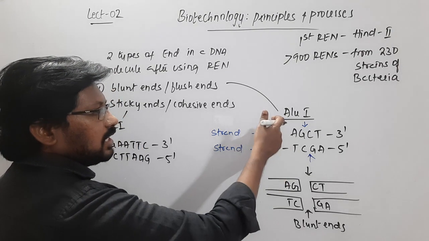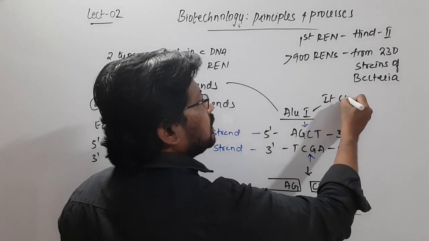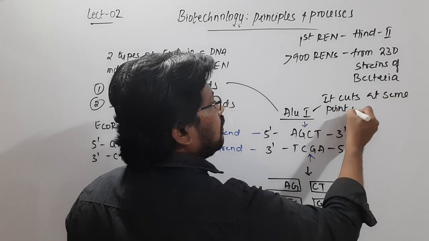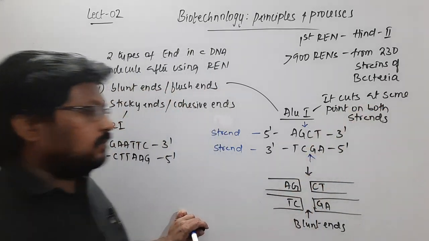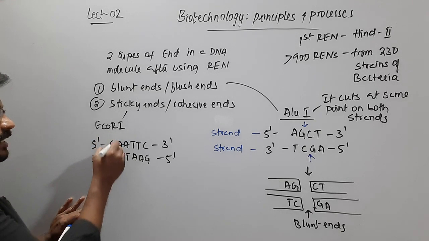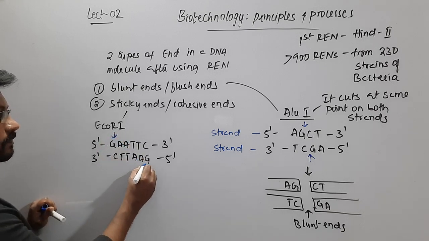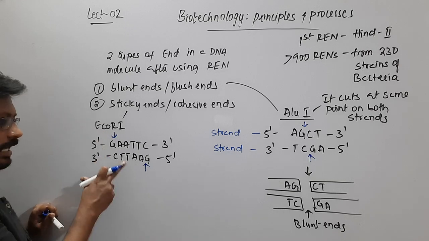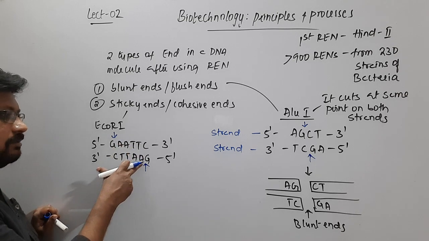In the case of AluI, it cuts at the same point on both strands, so you get blunt ends. Here, EcoRI recognizes this palindromic sequence first, then cuts between G and A.